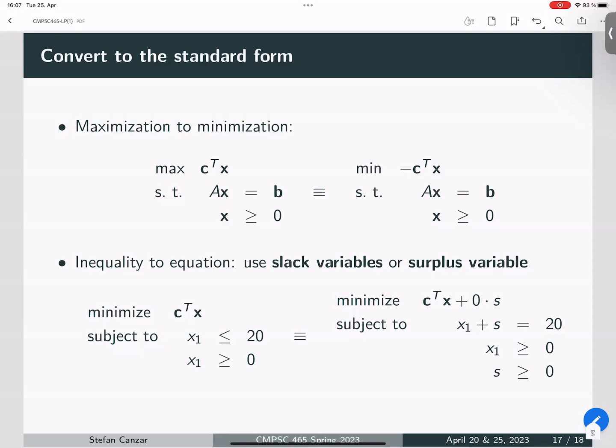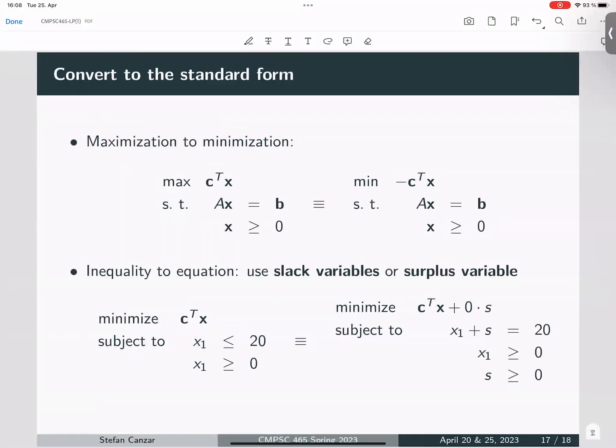So this is what happens if you have a smaller-equal relationship here, an inequality that looks like this. What do you do if you have a greater-equal in this case? Yeah, exactly. So we keep that variable. We call it now a surplus variable instead of slack variable, but it doesn't really matter. The purpose is very symmetric. We're trying to simply subtract everything that exceeds 20.